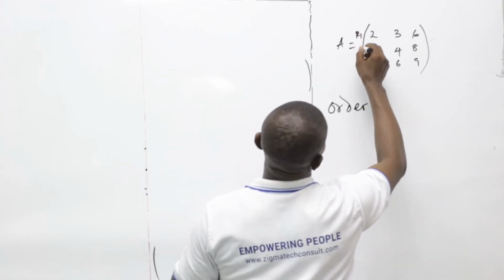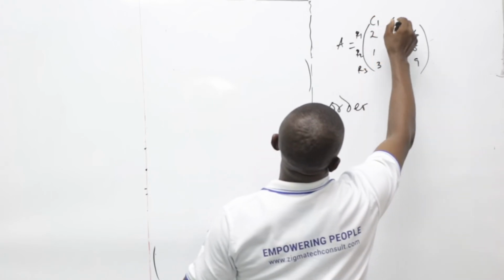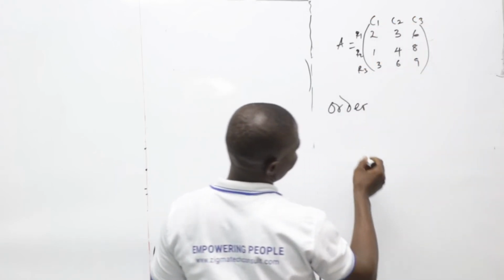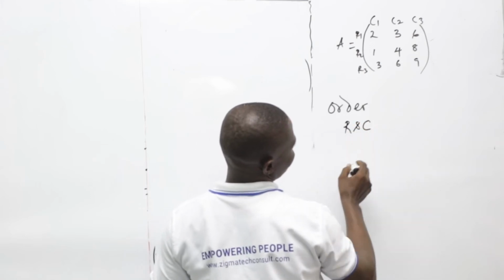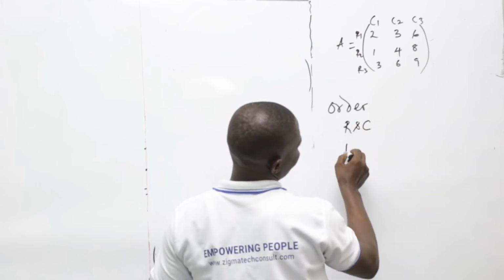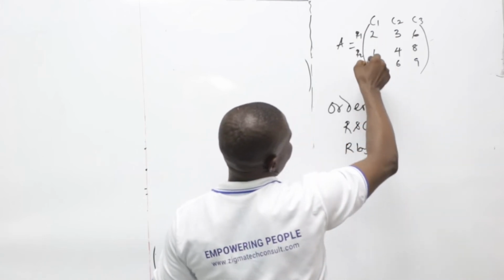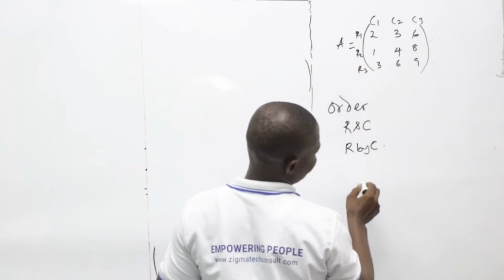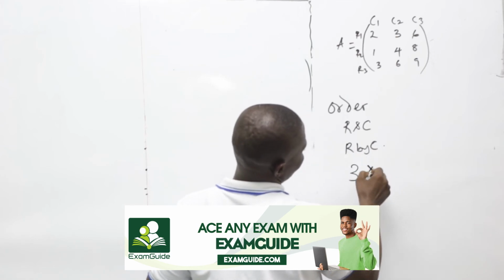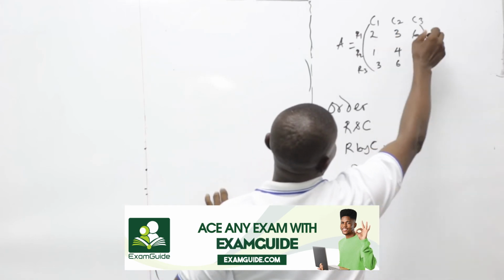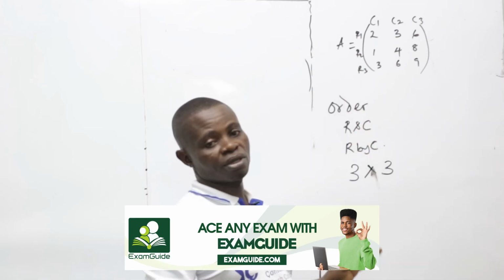This is row 1, row 2, row 3, column 1, column 2, column 3. Recall I said row against who? Column. That is row by column. How many rows do we have? 3, meaning 3 by 3. You can say 3 times 3. How many columns do we have? 3. It becomes a 3 by 3 matrix.